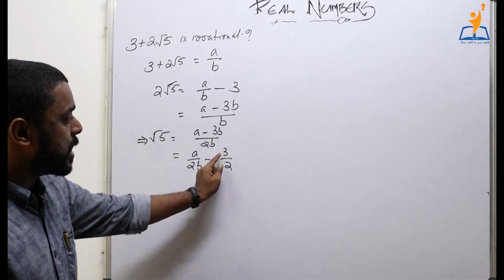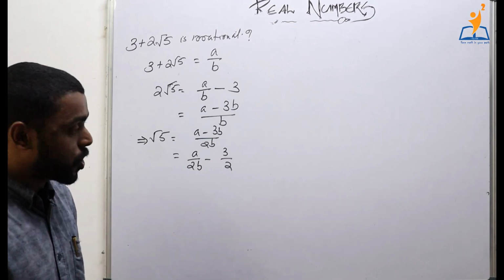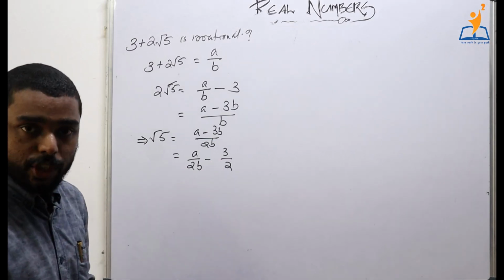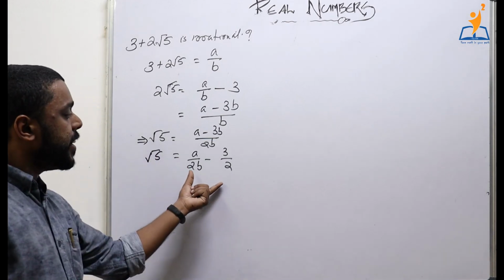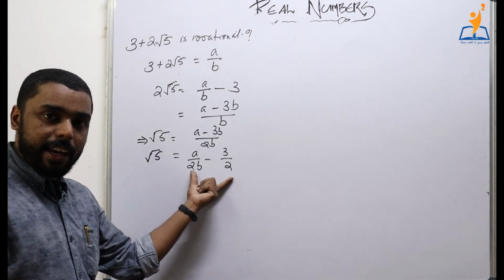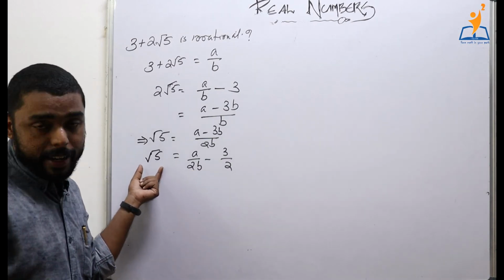Since 3 and 2 are integers, 3 by 2 will be a rational number. The difference of two rational numbers will be a rational number. So the right hand side of the equation will be a rational number. Hence, the left hand side also must be a rational number.